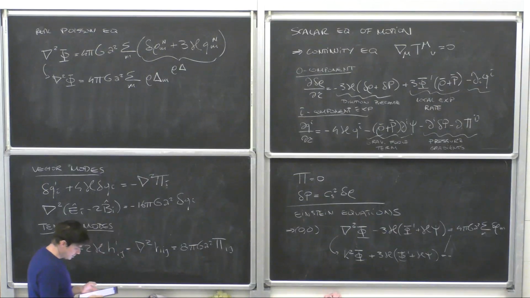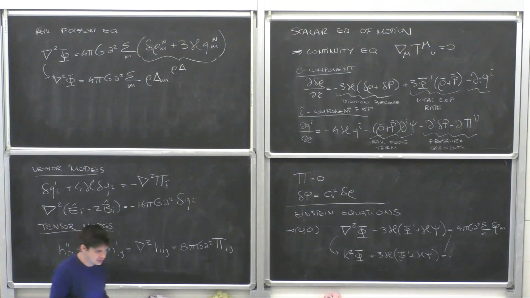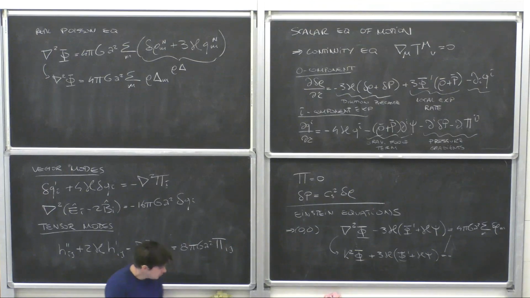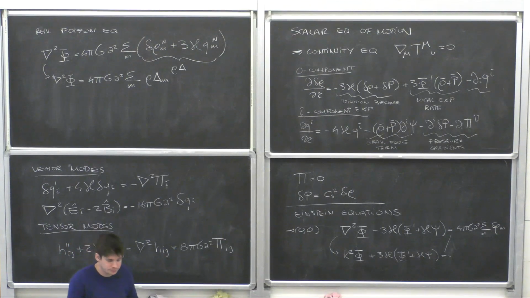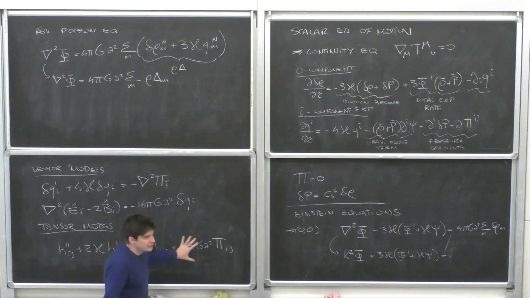And again, as we discussed, as soon as we have written down the scalar-vector-tensor decomposition, tensor metric fluctuations are only coupled to tensor anisotropic stress fluctuations. So again, for perfect fluids, these die out.